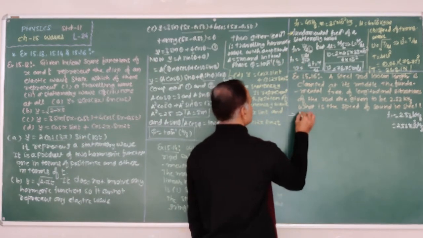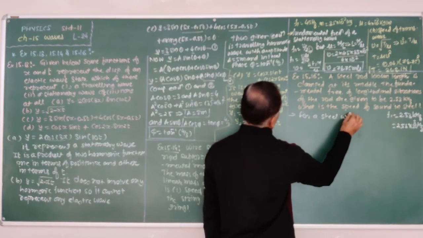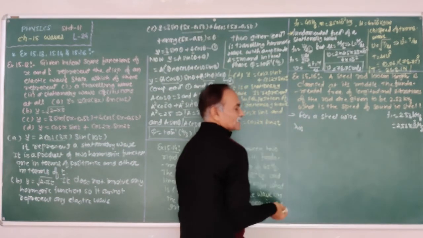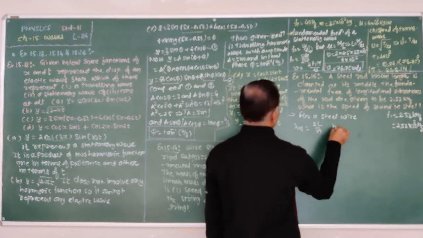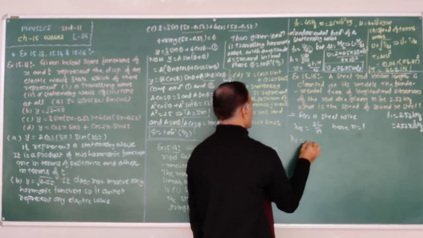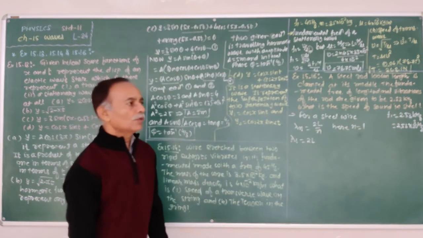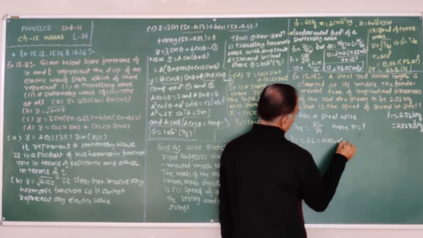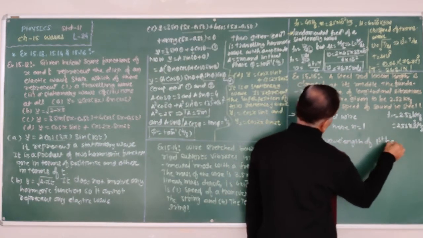For a steel wire, wavelength of nth mode of oscillation, lambda n is equal to 2L upon n. Right? Here, n is equal to 1. Therefore, lambda 1 is equal to 2L, the wavelength of first harmonic.